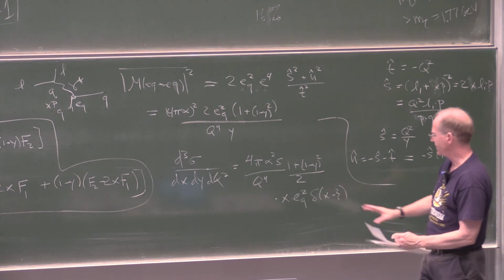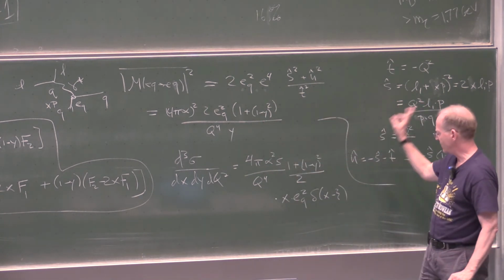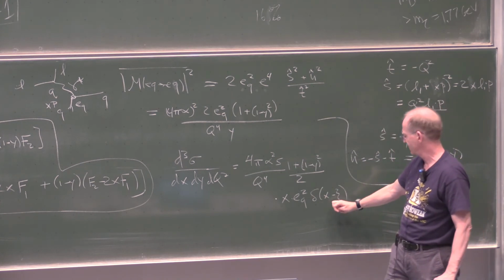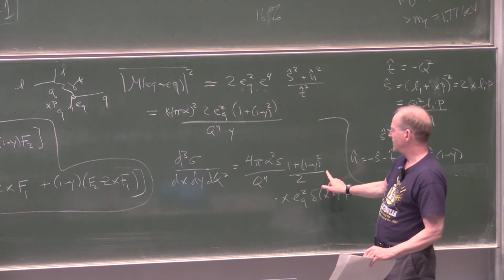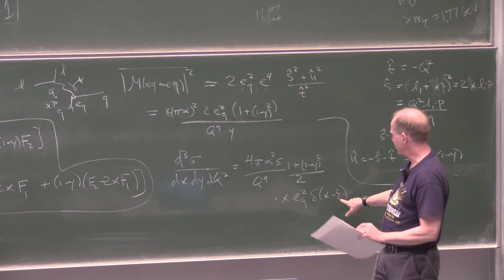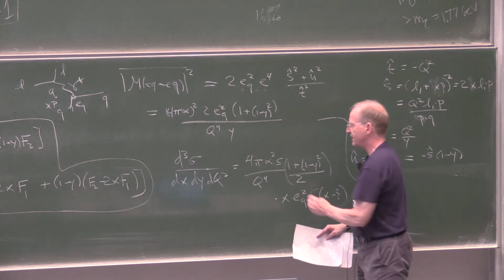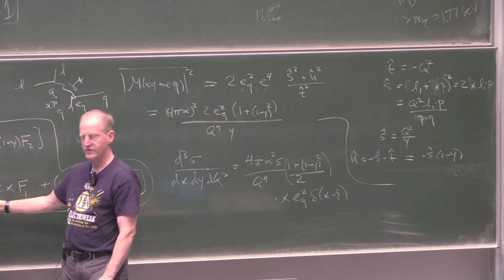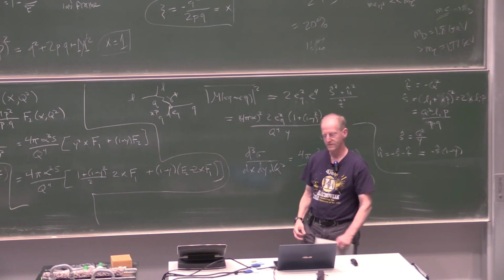so I'm taking into account that kinematic relation. I'm being a little sloppy about whether this was really x or xi, because they have to be equal to each other. But if it were xi, then I should put in this delta function. And you notice that the y dependence here exactly matches the first term, and it doesn't match the second term.